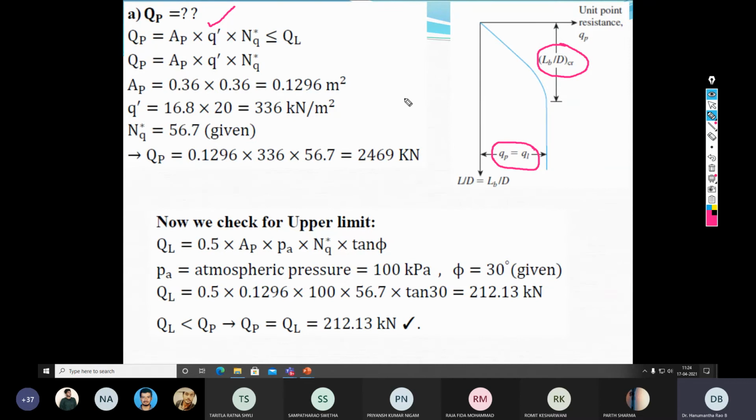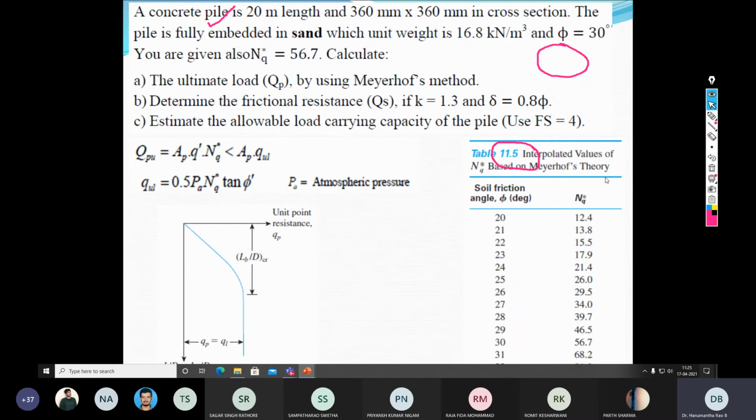What is the value of NQ star? 56.7. How do you pick up this NQ star value? Here this table has been given. For a given soil friction angle phi, you should pick up the value of NQ star.